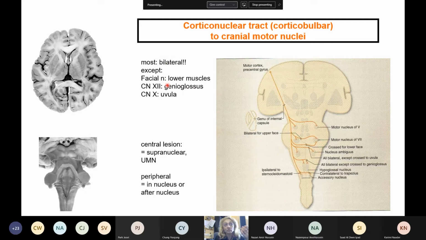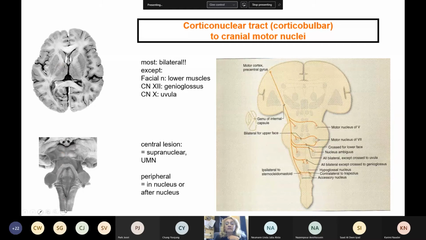And then, of course, a lesion of the pathway of the corticonuclear tract will lead to palsy. And again, just drawing your attention to supranuclear and peripheral lesions. So these pictures, again, this favorite horizontal cut: the corticonuclear tract is running in the genu.